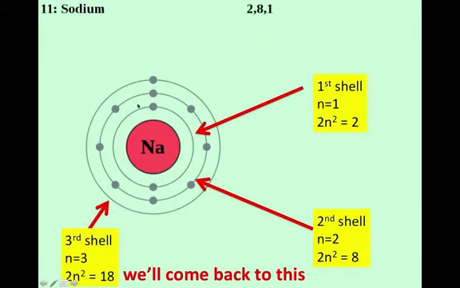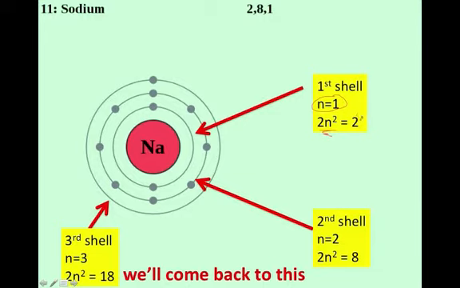So we've said that we've got the first shell here, and this is equivalent to the first energy level. In this first shell, n is 1. So if there are 2n squared electrons in this shell, then 2 times 1 squared is 2.